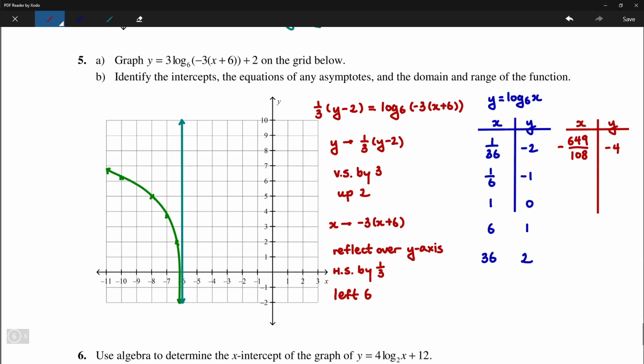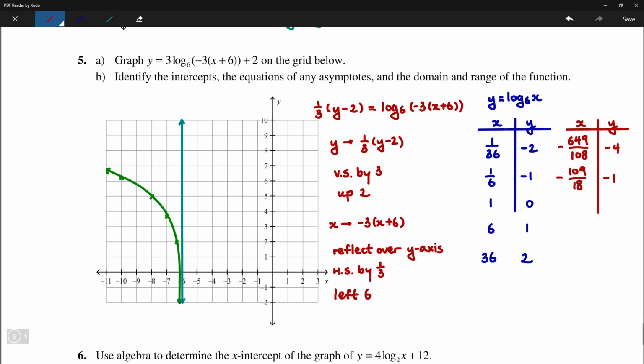And then we can do the same thing. So 1/6, again, reflected over the y-axis gives us -1/6. After that, we horizontally stretch by 1/3, so that will be negative 1 over 18. And then we subtract 6 once again, so that will give us negative 109 over 18. And then the negative 1 here for the y value will become negative 3, and then plus 2 is negative 1.